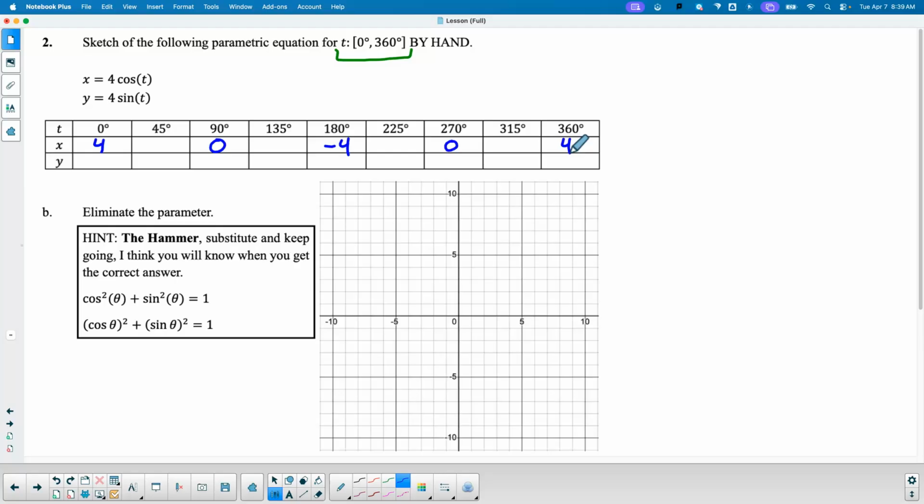At 45 degrees, the cosine value is square root 2 over 2, correct? So if I'm doing 4 cosine of 45 degrees, that would be the square root of 2 over 2 times 4, which would be what? 2 root 2?